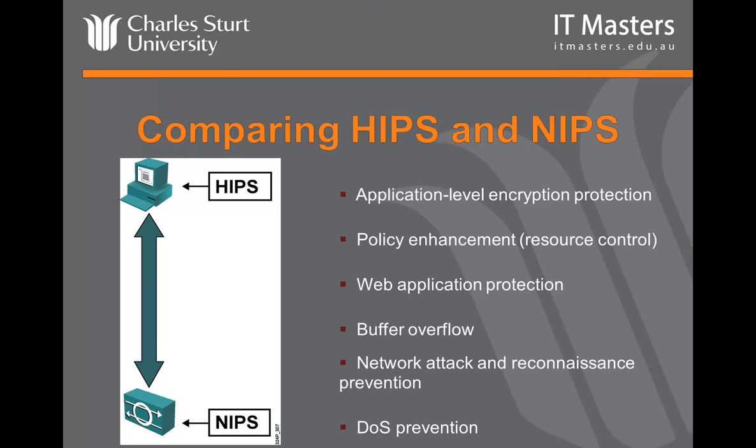A general statement: in general, NIPS will focus on detecting things like buffer overflows, attacks on web servers, network reconnaissance, and denial of service attacks, while HIPS will focus on application and actual protection of the resources on that specific host that it's installed on. A huge advantage of HIPS is that HIPS can monitor operating system processes directly and protect the system resources, including files, that may only exist on that specific host. Okay, whereas obviously network IPS can't do that.